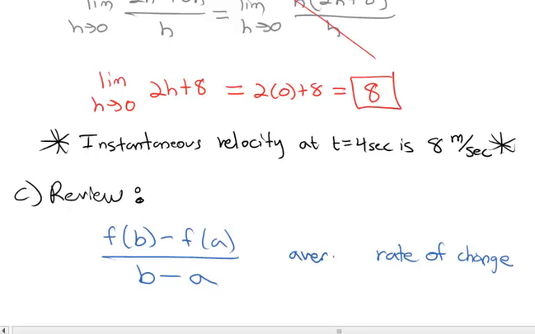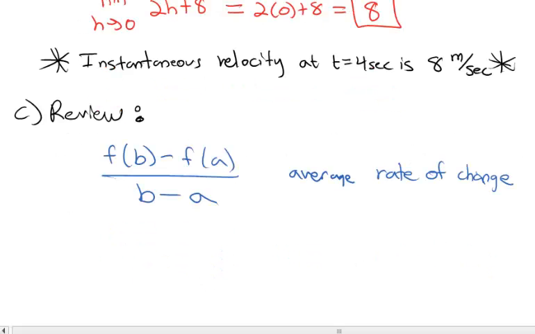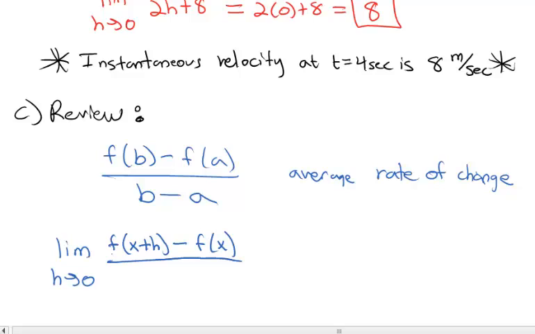The other big formula was the limit as h goes to 0. Instead of using b and a, we used x and moving over h, so we had f of x plus h minus f of x all over, and when we subtracted the b minus a, it simplified to just h. That is the instantaneous rate of change.